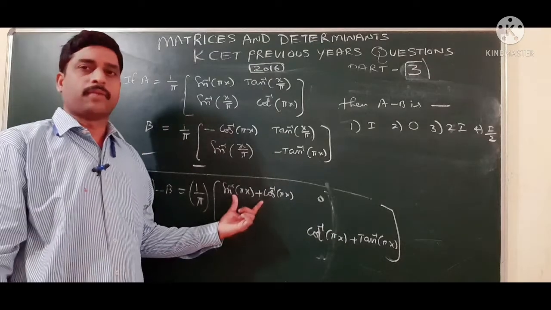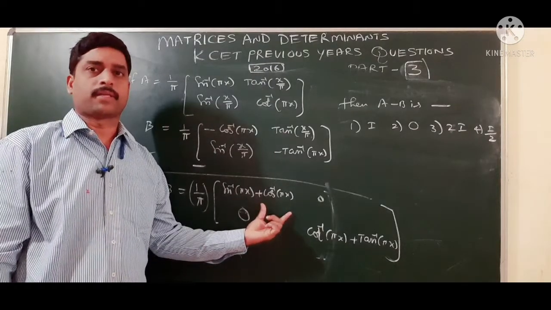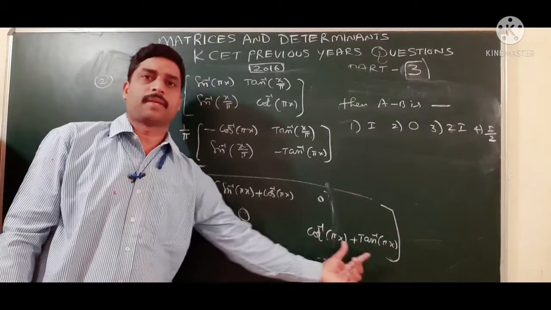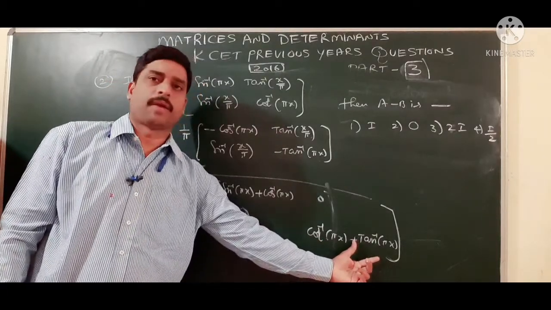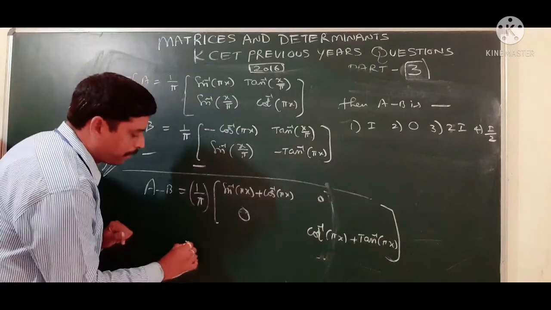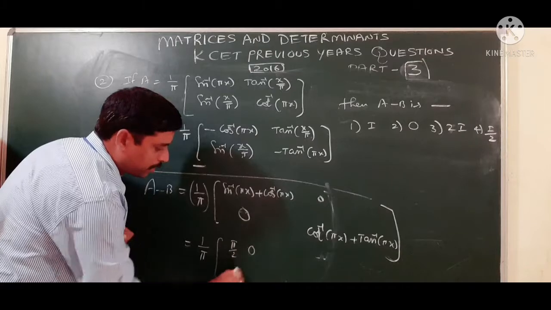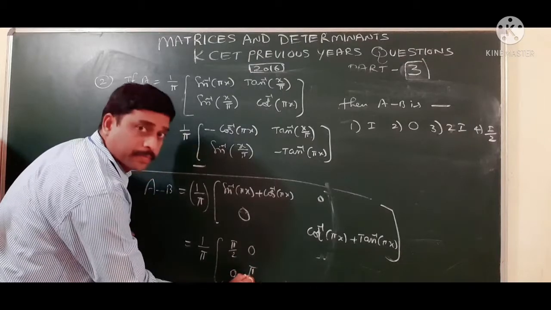We know that sin inverse of pi x plus cos inverse of pi x value is pi by 2, as well as cot inverse of pi x plus tan inverse of pi x, this value is also pi by 2. So 1 by pi into pi by 2, 0, 0, pi by 2.